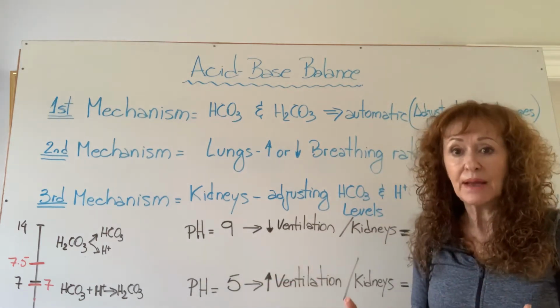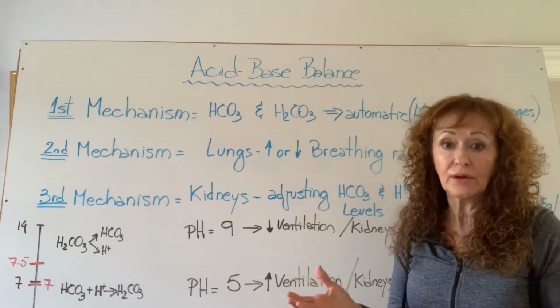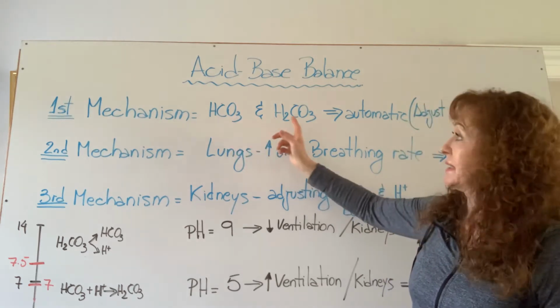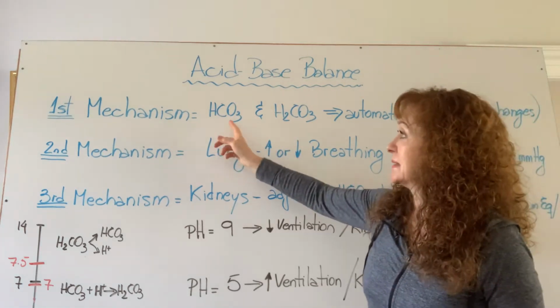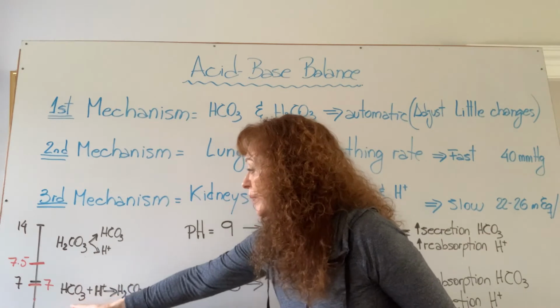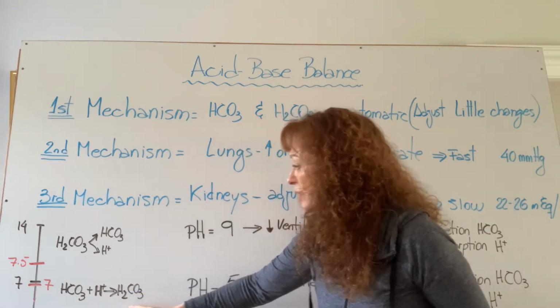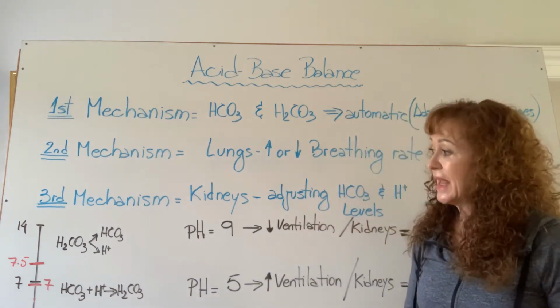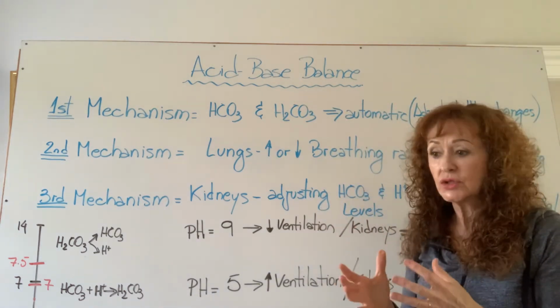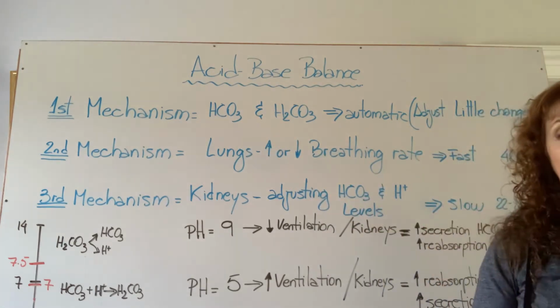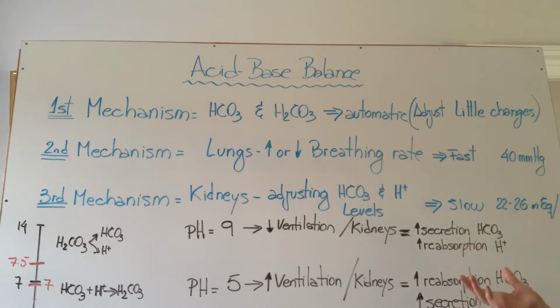Now, to deal with increased hydrogen, we need to use one of the two molecules that is capable of absorbing hydrogen. Certainly it is not carbonic acid, it is the bicarbonate. Bicarbonate is used to absorb hydrogen and convert it into carbonic acid. In this way, you see how these two molecules, bicarbonate and carbonic acid, play between each other in order to balance the acid base in a little adjustment.